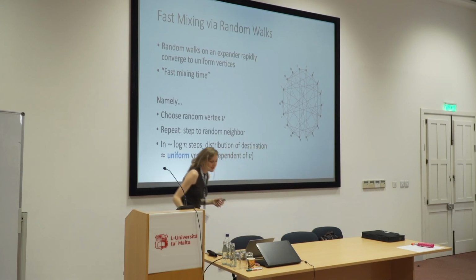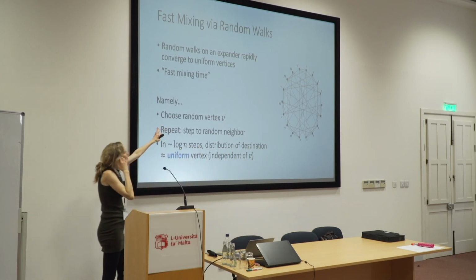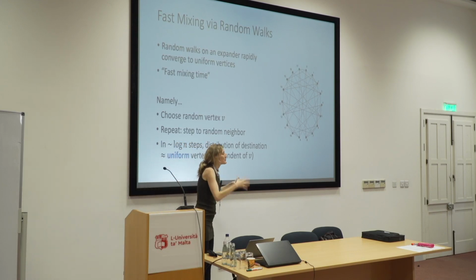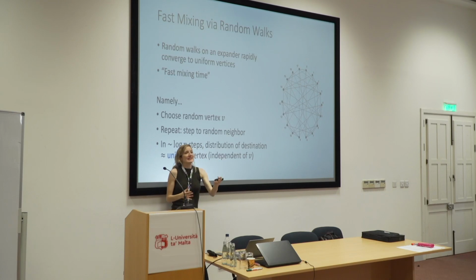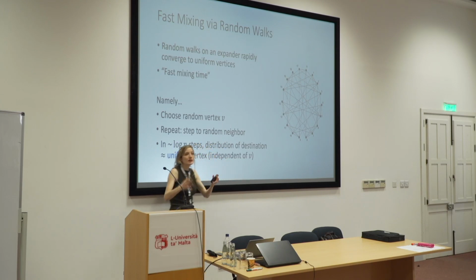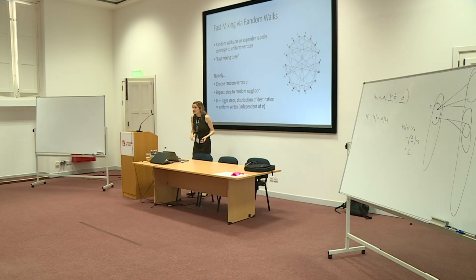And one of the nice ways of proving this is by looking at the linear algebra interpretation: the operation of taking this random walk can be viewed as multiplication by the adjacency matrix.